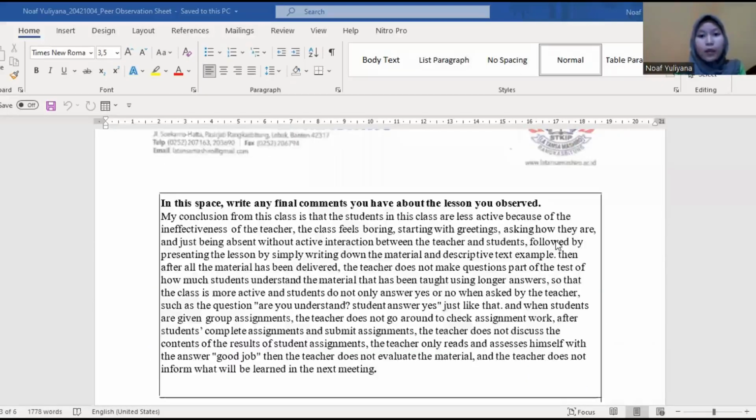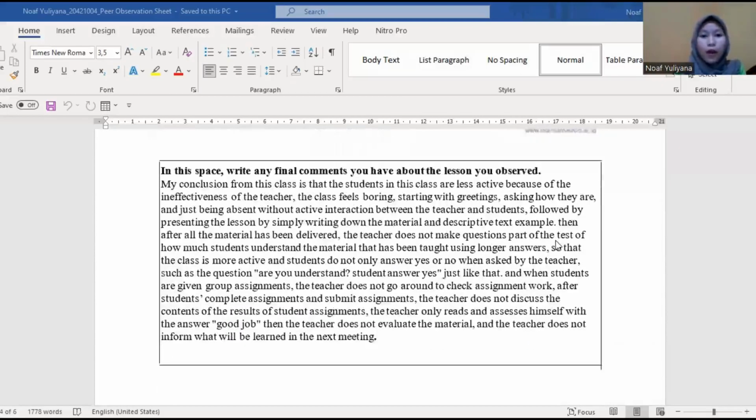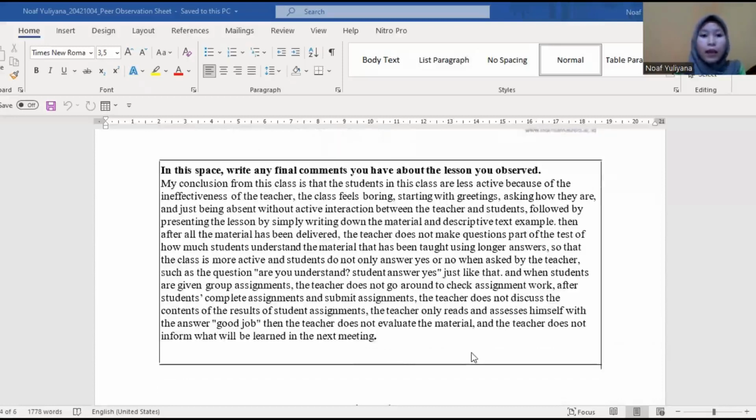And then also here on this page, write any final comment you have about the lesson you observed. Okay, my conclusion from this class is that the students in this class are less active because of the ineffectiveness of the teacher.